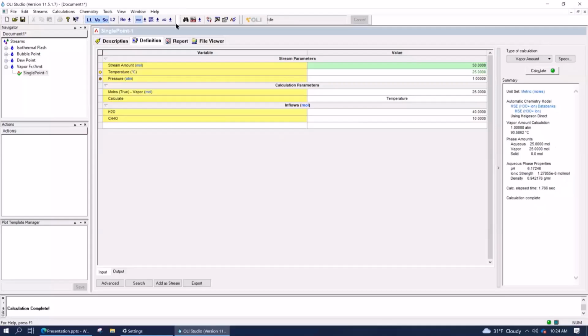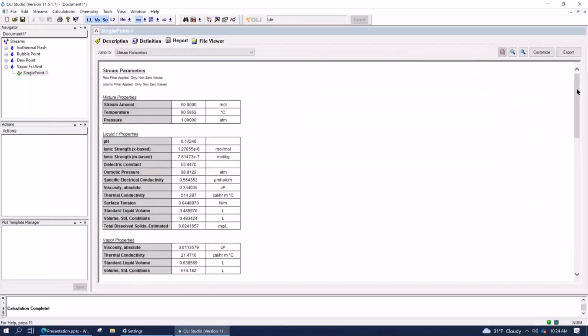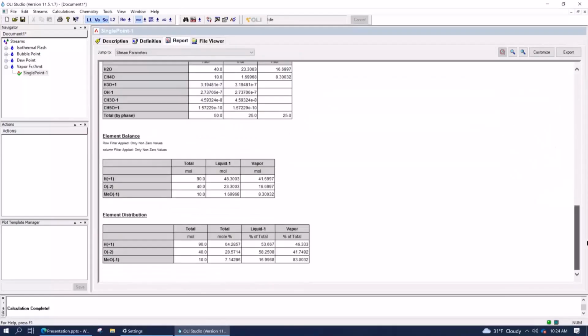Let's look at the report now and scroll down to the bottom of the report to the element balance, and more specifically to the distribution. So we're looking at this table here.